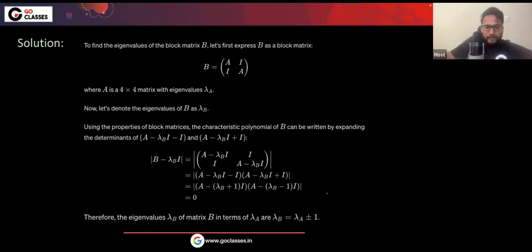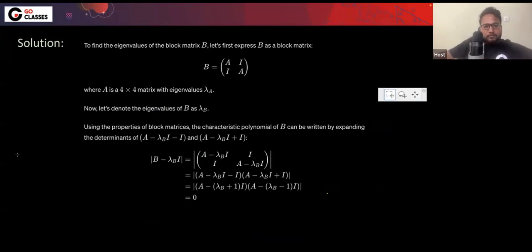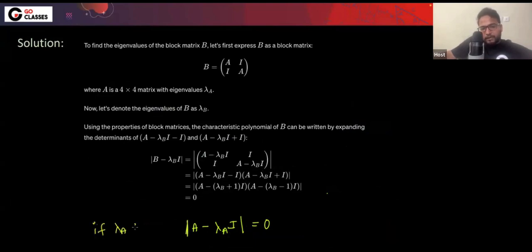I hope till now it is fine, right? Now, as you know, the determinant of A minus some lambda A into I is equal to 0. You know this, right? This holds if lambda A is an eigenvalue of A.